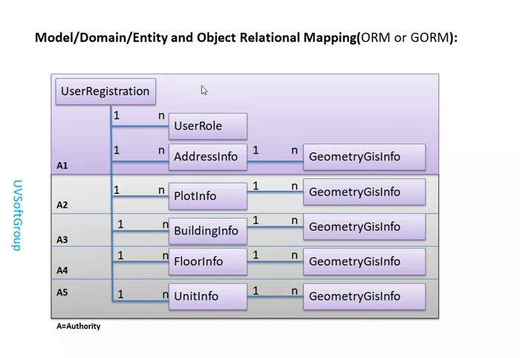The application has authorities 1, 2, 3, 4, 5, and each part of the application is the responsibility of an authority. If you deliver your application, authority A1, that means authority 1, is responsible for registering the users, the user roles, and also the address, where the physical address is located.